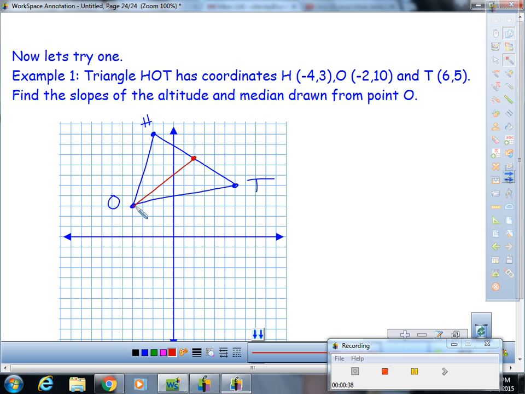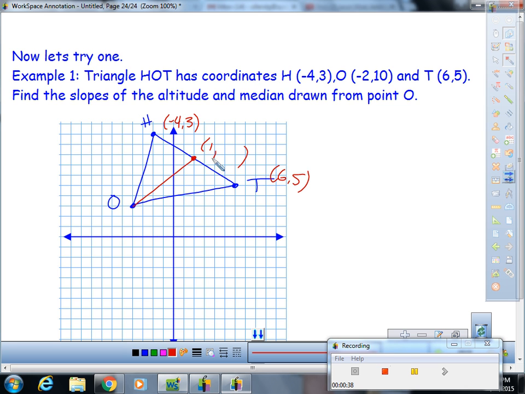So the midpoint, if this is negative 4, 3, and this is 6, 5, the midpoint is the average point. So the average of 6 and negative 4 is 1, right? That doesn't look right, but we'll just go with it.